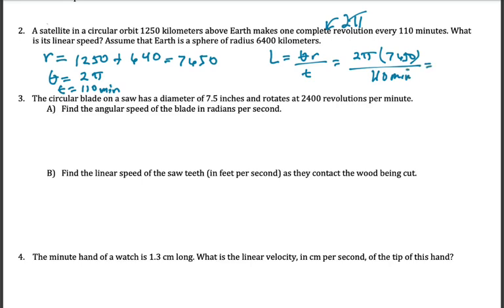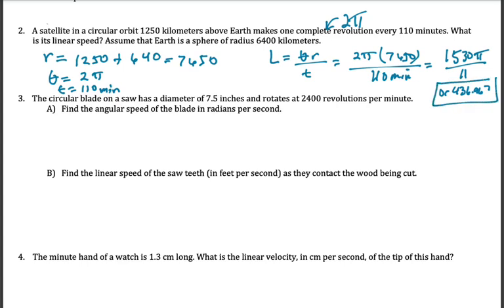Working all of that out, we end up with 1,530 pi over 11, or we could also say 436.967, and that would be kilometers per minute.